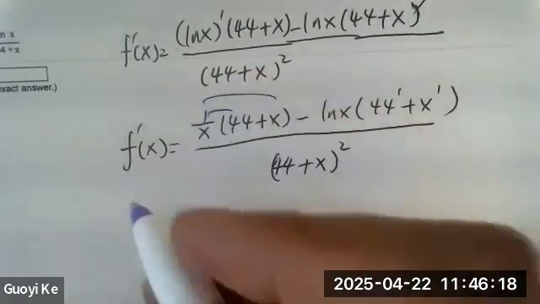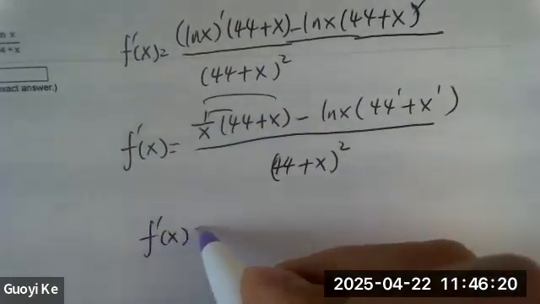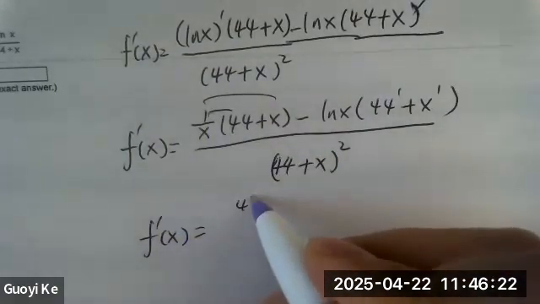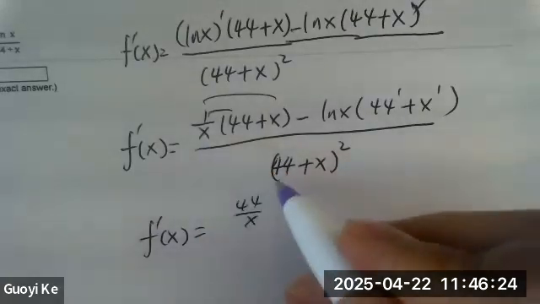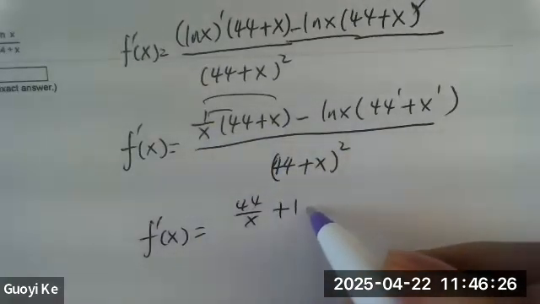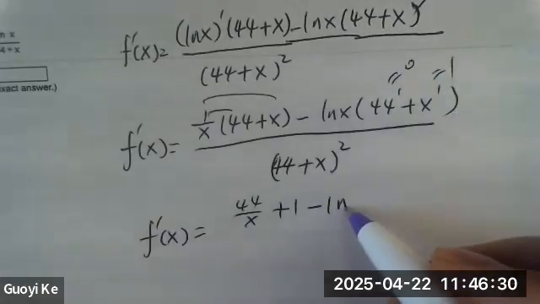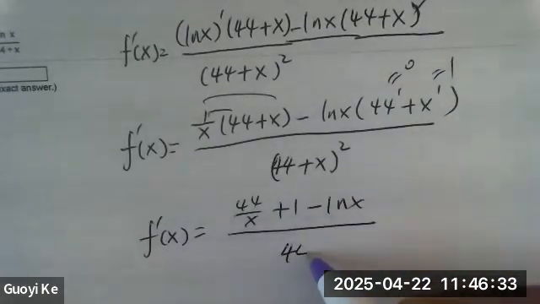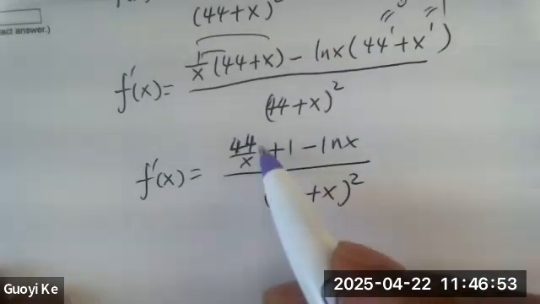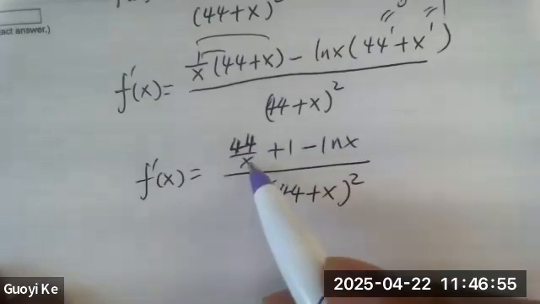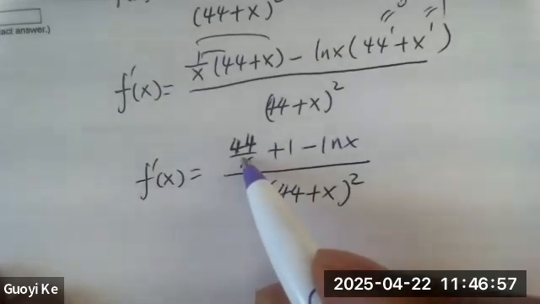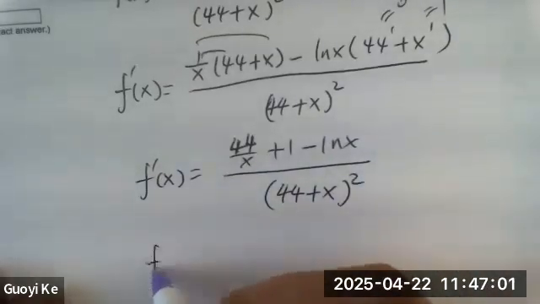For the first term, we can do the distribution. 1 over x times 44 over x, the 1 over x times x cancel out. This one is 0, this one is 1. As you can see, in the numerator, we have a fraction. So we want to remove the x. How to remove it?